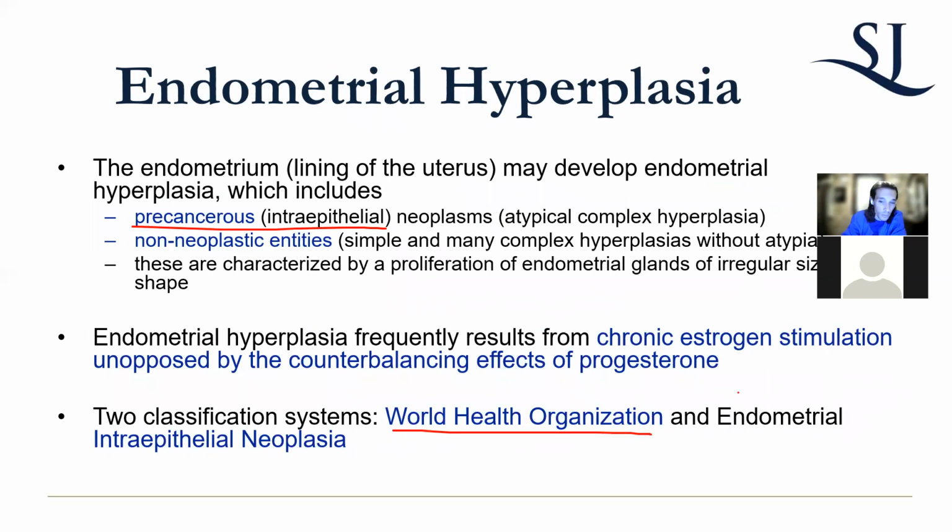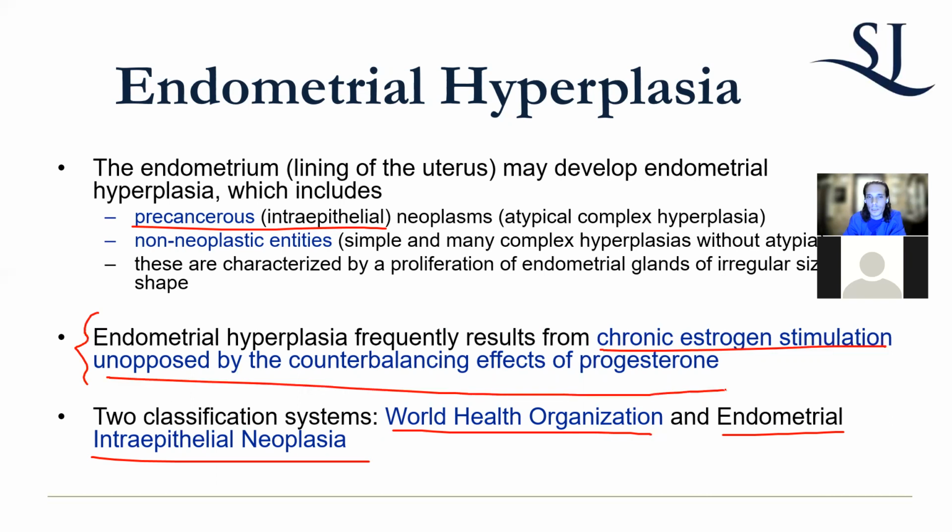You have the World Health Organization classification, and then you have the endometrial intraepithelial neoplasia system. The bottom line is that chronic unopposed estrogen stimulates your endometrial hyperplasia because you don't have the balancing effect of progesterone. That's why it happens in older women, because they're in menopause. But other situations can cause it as well.